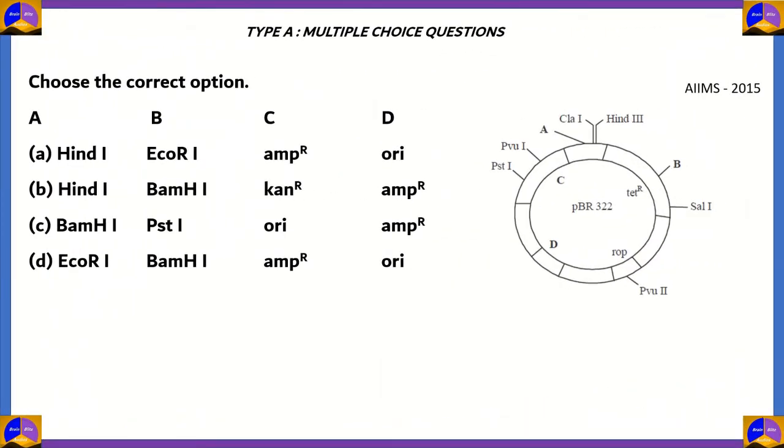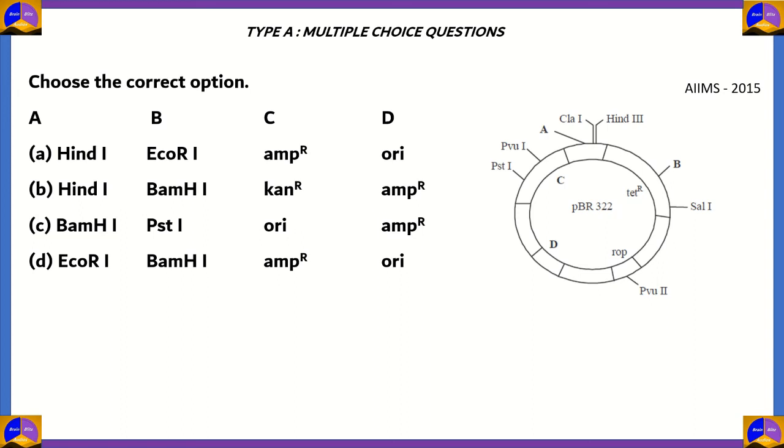This is a match type question. We need to find out which of these variables are correctly filled. So which of these options give you the correct fill for the variable. The variable here refers to parts of the plasmid vector PBR322.